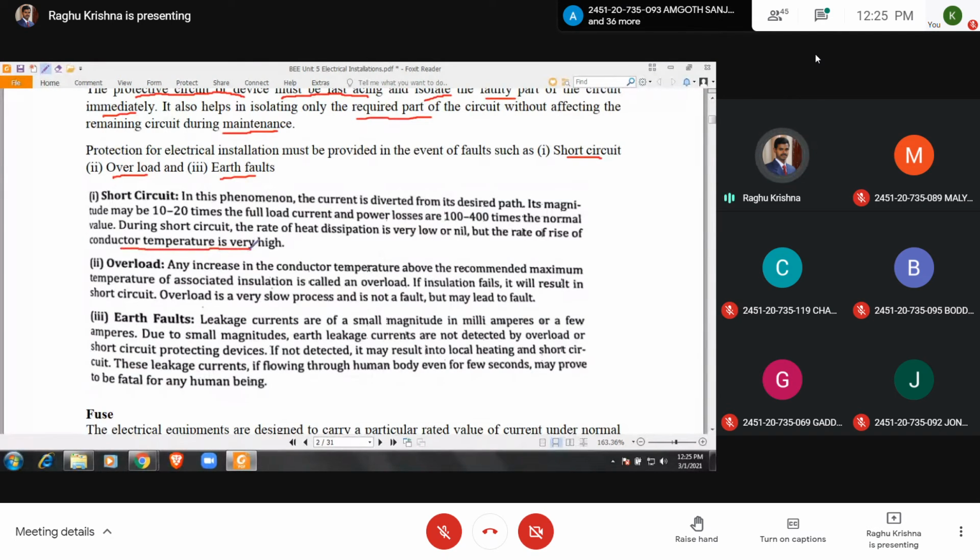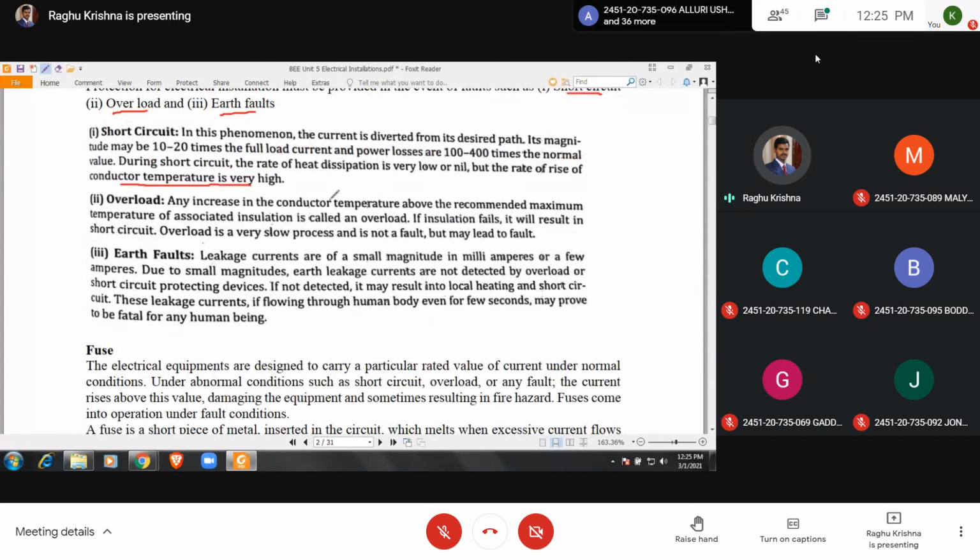Okay. Next, overload. Any increase in the conductor temperature above the recommended maximum temperature of associated insulation is called an overload. At your home, if you use a food mixer, when an overload occurs, in some mixers they will stop automatically, and if you remove the load and switch on that button again, it will work.